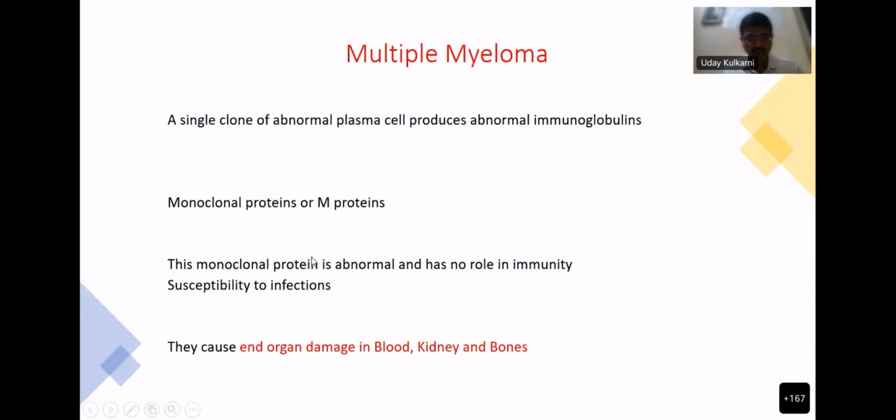Being abnormal, this protein has no role in immunity, and patients continue to be susceptible to infections despite having very high immunoglobulin levels. These are not functional immunoglobulins, and in fact these proteins cause end organ damage in the blood, kidney, as well as bones. This is what patients manifest with when they present with symptomatic myeloma.